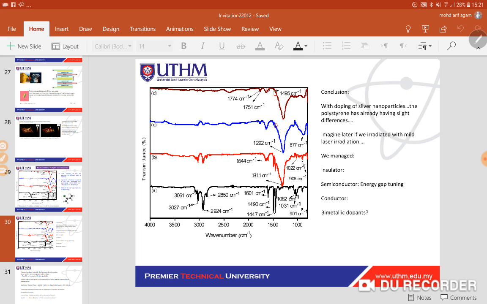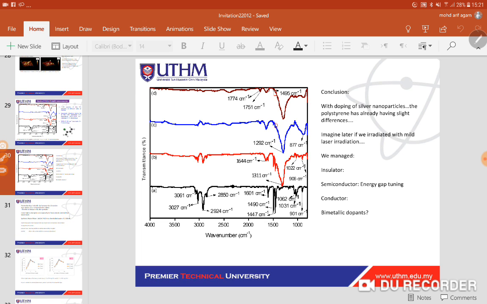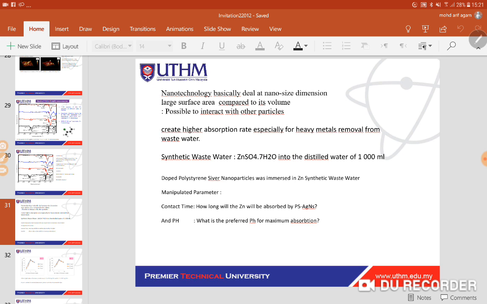And now we are also looking into bimetallic dopants. If we put bimetallic into the polystyrene, what will happen during the doping, and when we laser irradiate it? So very huge potential for these kinds of works.